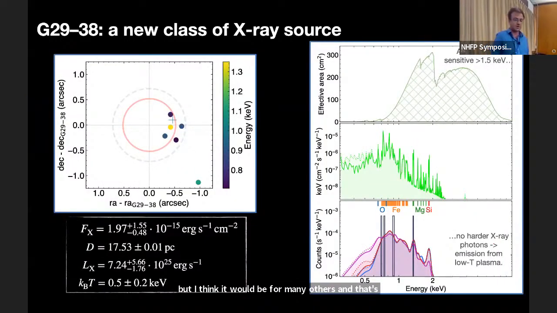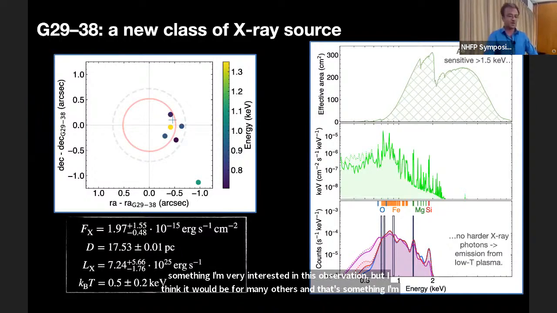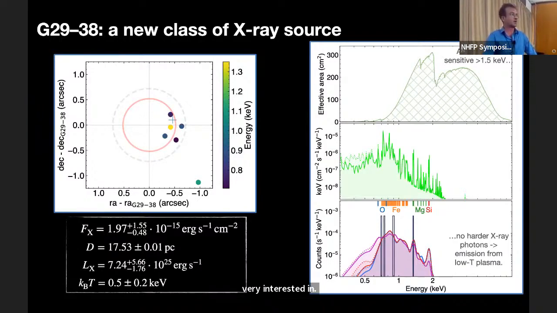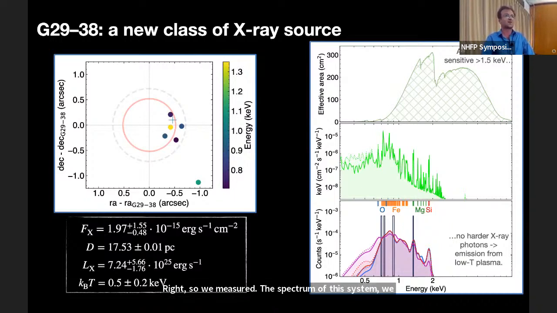So we measured the spectrum of this system. We had 5 counts, which is not very many, but they still tell us a lot because Chandra's ACIS gives us spectral information. Here I'm showing the sensitivity of Chandra's ACIS instrument at the top. All of our counts here in black were very soft.